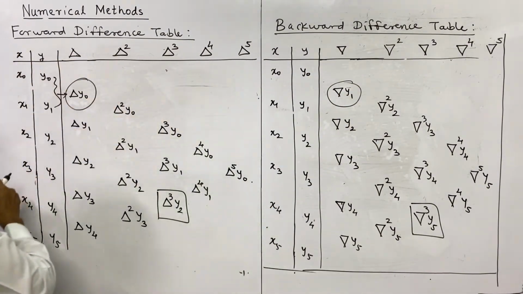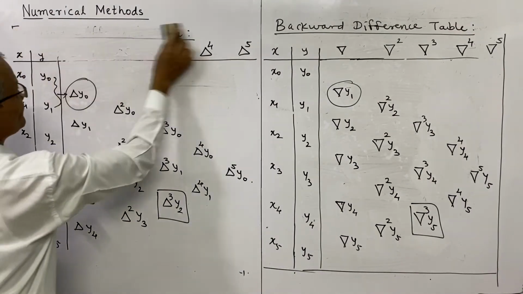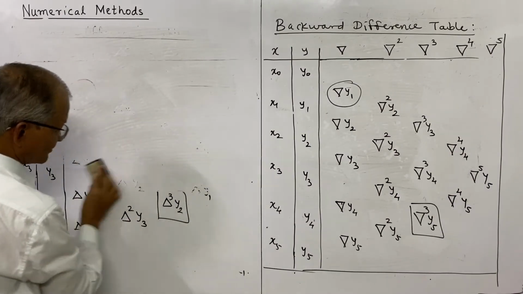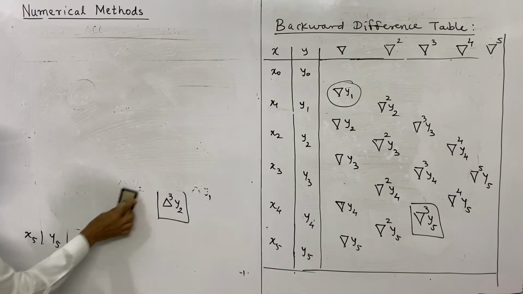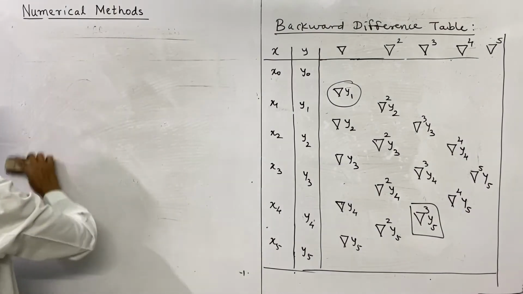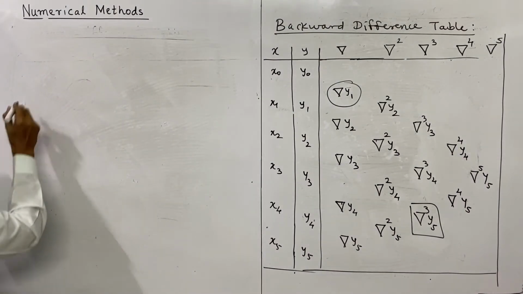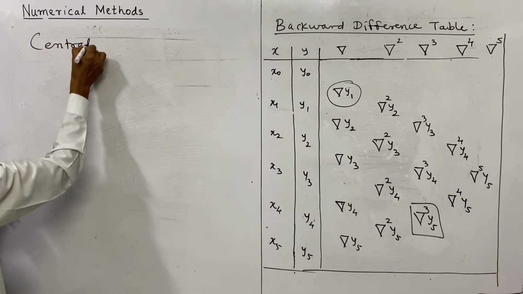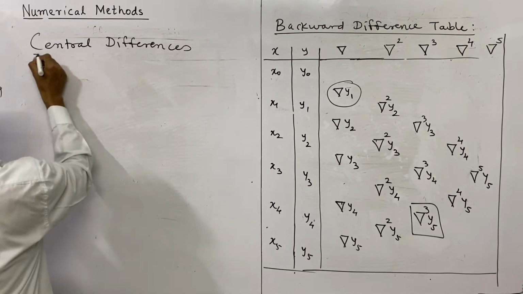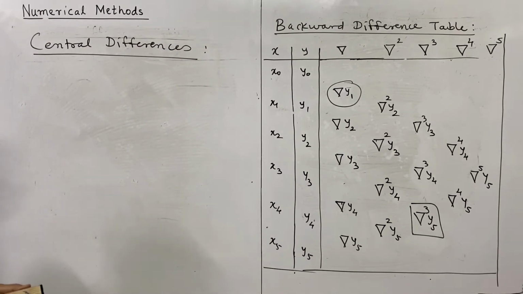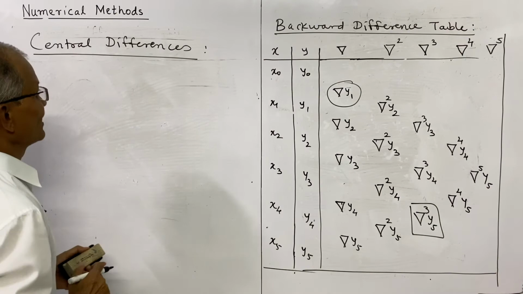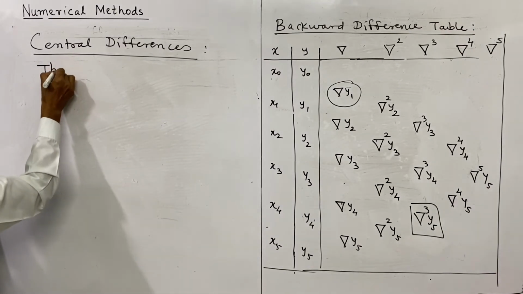Now we will consider what the central difference is. Central differences are defined by small delta, the central difference operator.